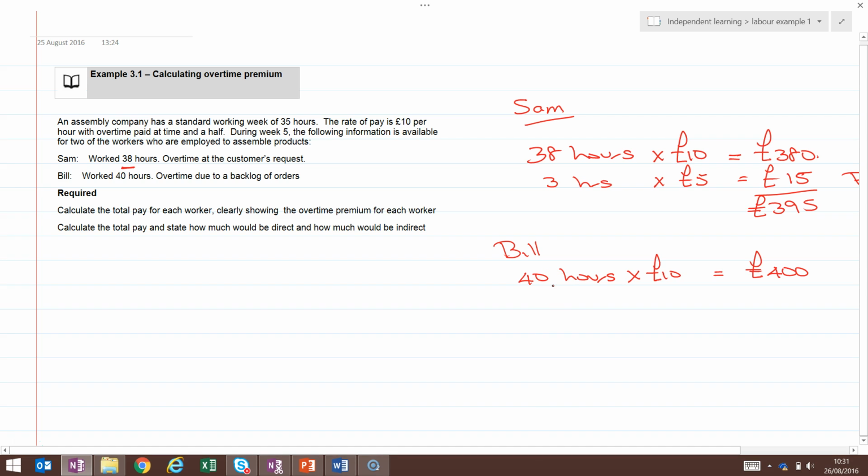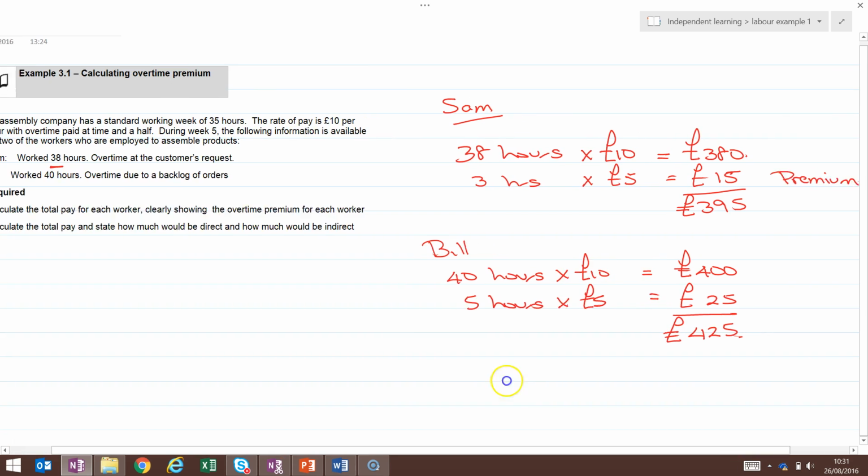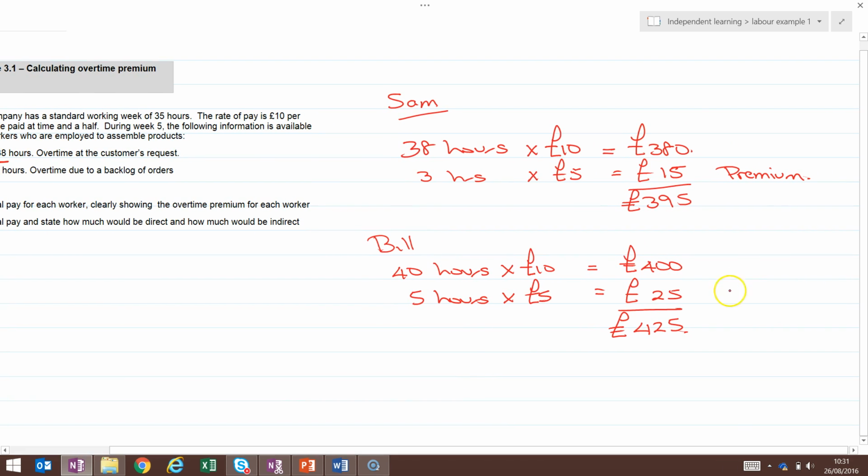Normal working week is 35, he did 40, so we have 5 hours of overtime. So for those 5 hours, he got an extra £5. So that's another £25. Giving a total of £425. And again, we know how much the premium is. It's the extra amount paid. So that extra £25.